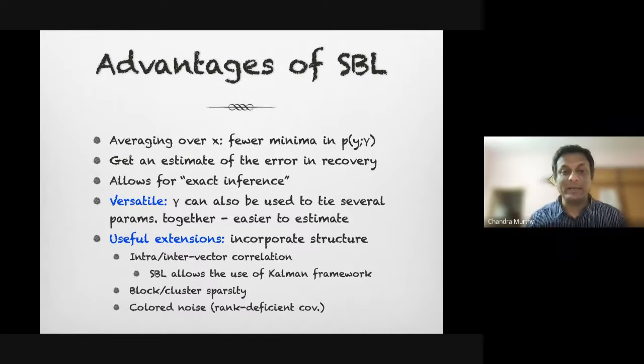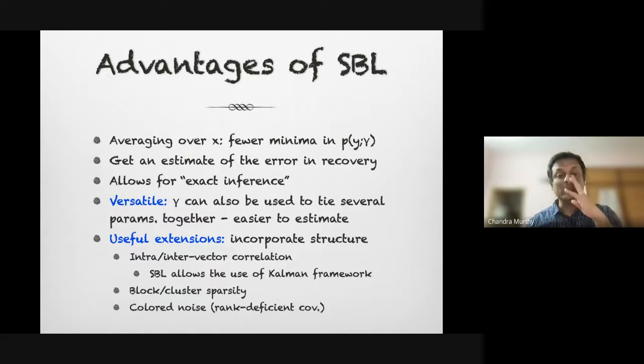That is the sigma y that we saw earlier. And so you can actually have some idea about how well your recovery has happened. And it's what is known as an exact inference technique, where you're exactly figuring out the posterior distribution of X and solving for the mean of that posterior distribution.